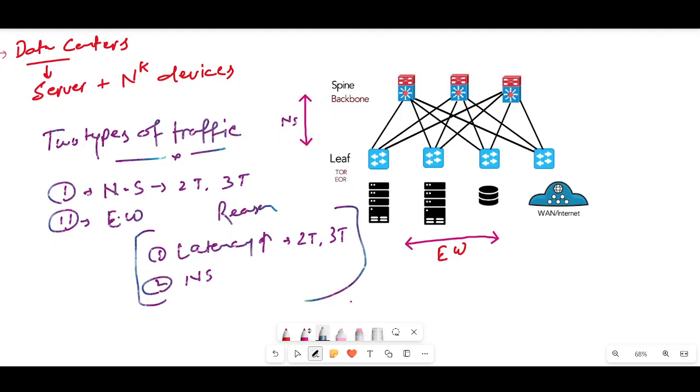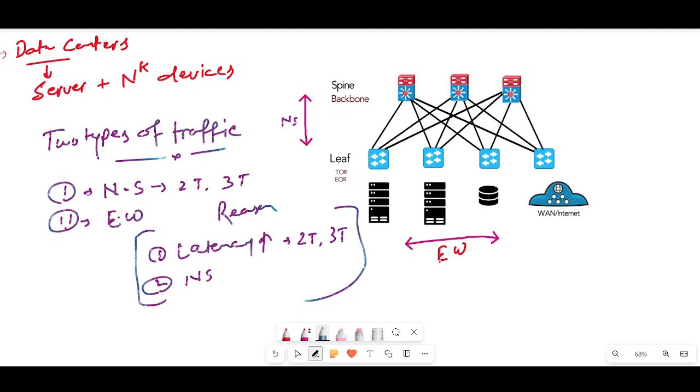Now, as we know, with the prevalence of virtual servers, applications are often deployed in a distributed manner, which increases the amount of east-west traffic.